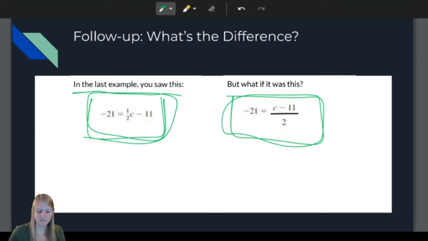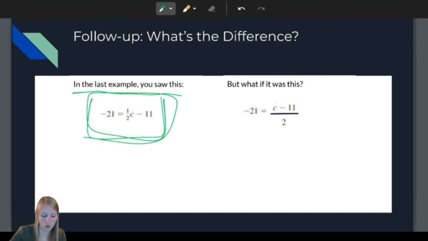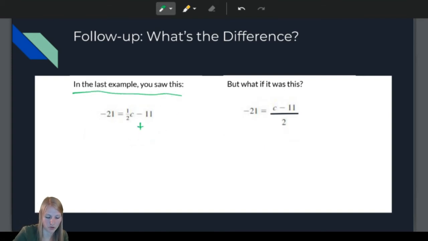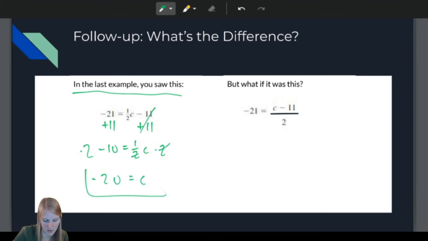Well, you saw how we solved this equation in the last example. Something like this. Multiply by 2 on both sides. These go away, and negative 20 equals c. Now, this problem on the right actually needs to be done differently.